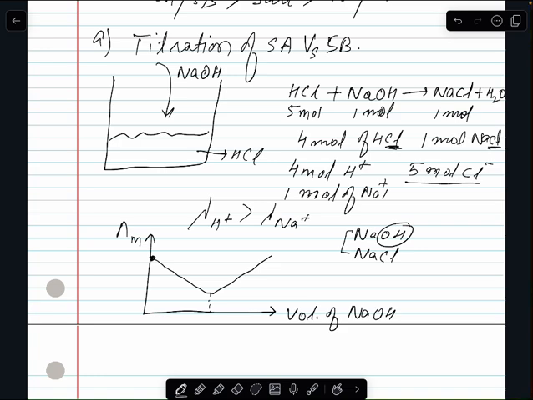So the graph will look like this, and this is the point known as the equivalence point. Here is the point where one of the reactants, that is HCl, which we are measuring, has ended, and now all the incoming NaOH has utilized all the H plus ions of HCl in the solution.